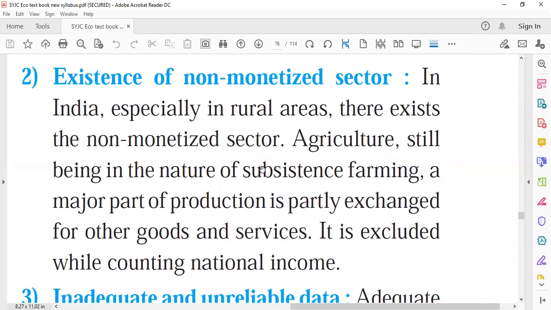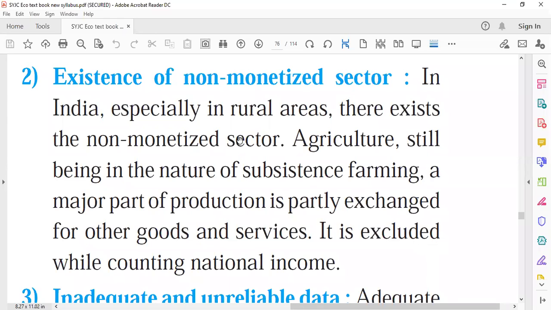We can say the barter system. In rural areas, still, the farmers are exchanging goods for other goods. They are exchanging wheat for rice.